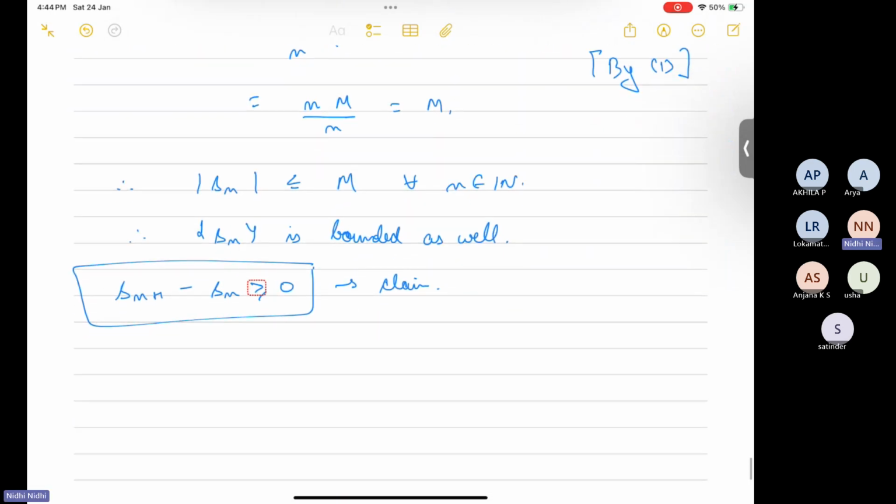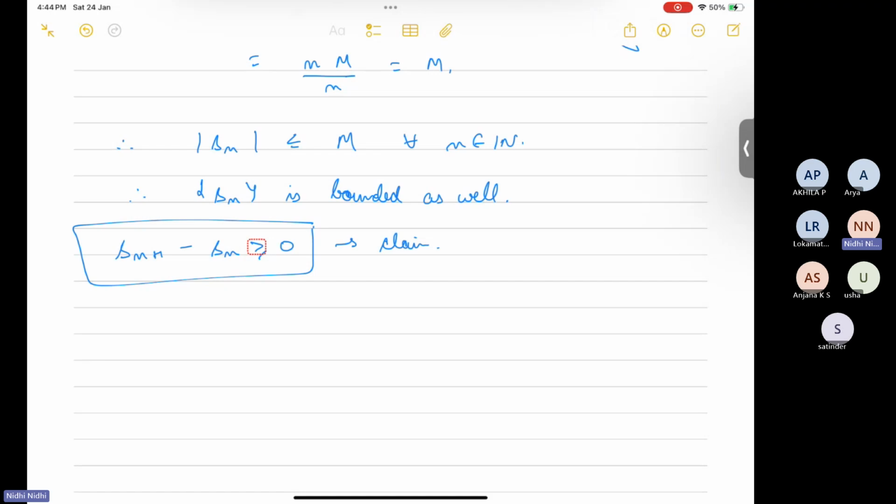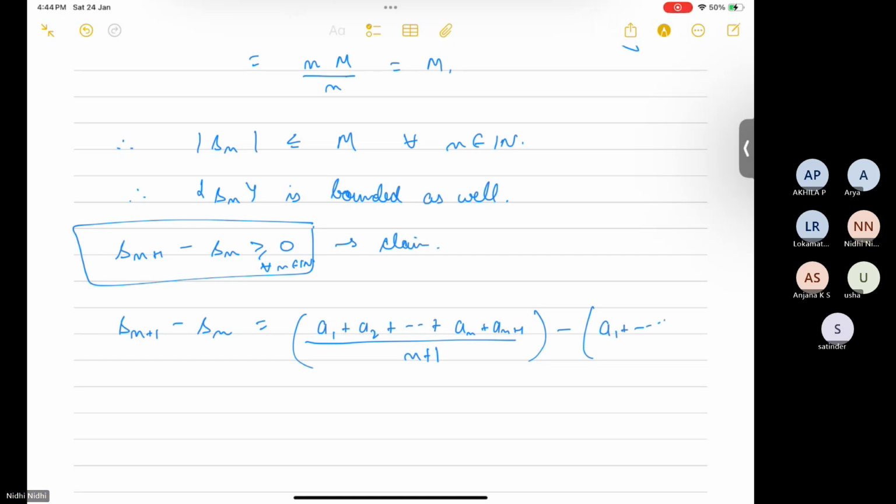Okay, so next we'll show that the sequence Sn will be increasing as well. So basically we'll show that Sn plus 1 minus Sn is positive. That will eventually give Sn plus 1 is greater than or equal to Sn for every n. So let's look at the terms Sn plus 1 minus Sn. By definition, here we will have (a1 plus a2 and so on up till an plus 1) upon n plus 1 minus (a1 plus a2 and so on till an) by n.